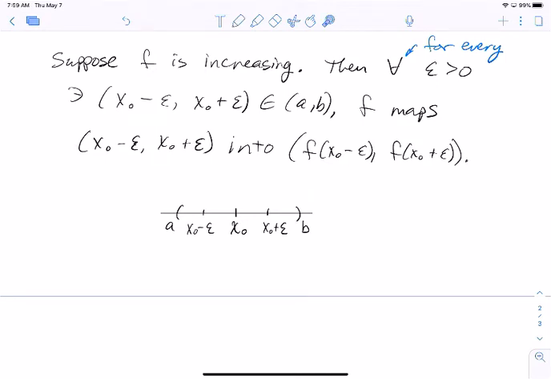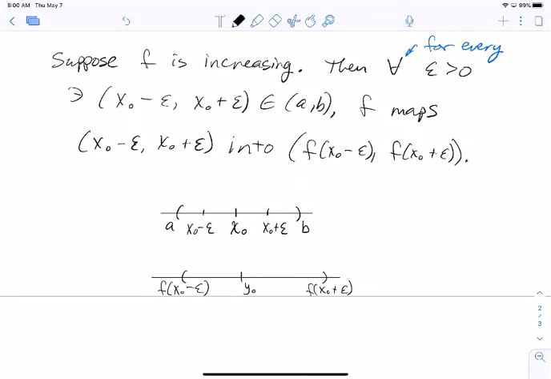Now the statement here that f maps that interval into another interval gives us the idea of another number line here. And on this number line, I've identified a y0, and then f of x0 minus epsilon, f of x0 plus epsilon. And I've intentionally made this an asymmetrical interval because there's nothing that says that this has to map to a symmetric interval about y0.